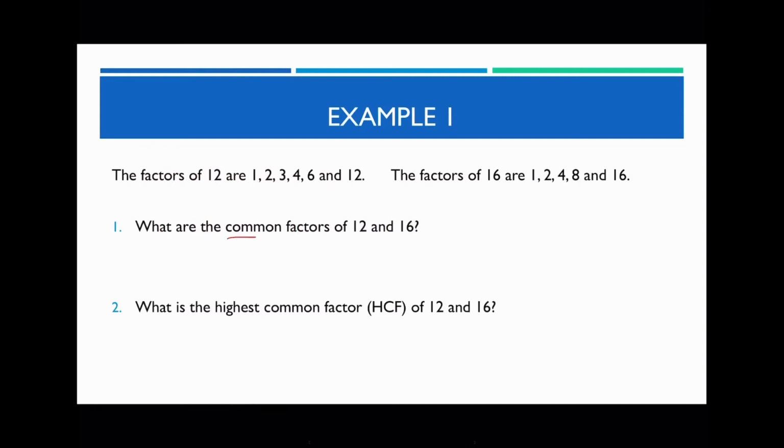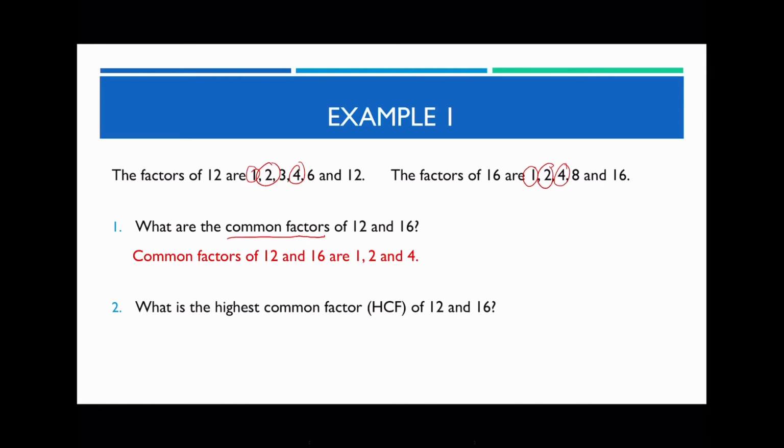So remember, the question is asking what numbers are repeated in both of these lists. In this case, we can notice that 2 is repeated. We can also see 4 is repeated, as well as 1, sorry, can't forget 1. So therefore, the common factors of 12 and 16 would be 1, 2, and 4.